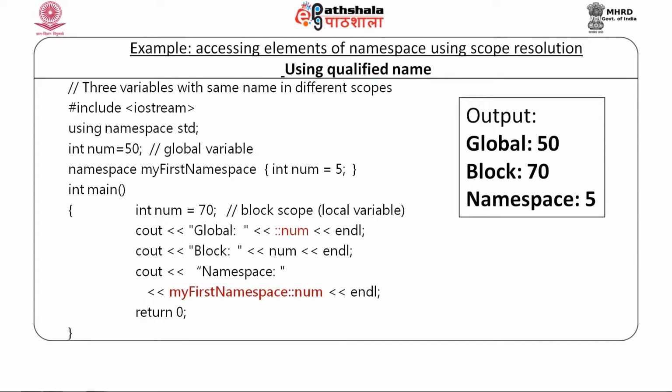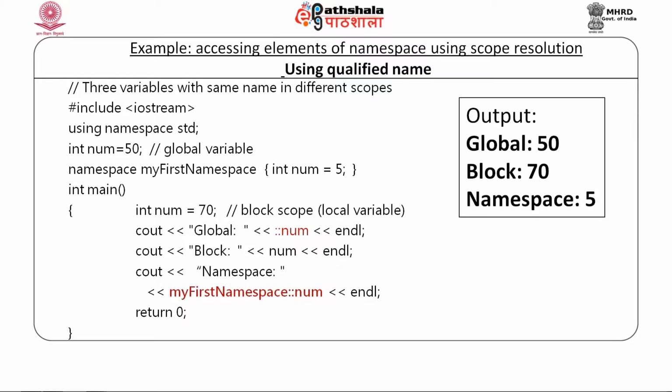Here this is the actual program, the entire program which uses the qualified name. Just to explain how the variables behave in different scopes, we have used three variables with the same name in different scopes. This example uses int num as a global variable, not required to be initialized, but here we have initialized it with 50.